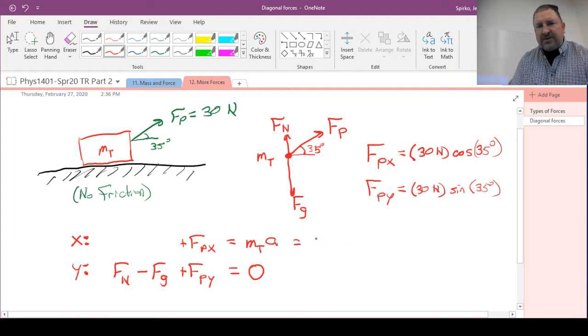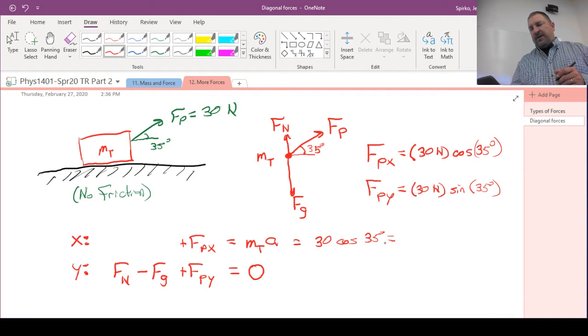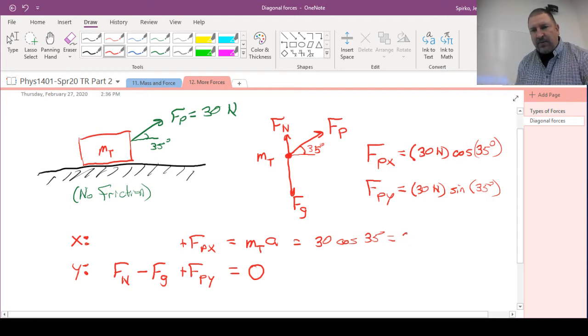So this is 30 cosine 35 degrees, which is a number. 30 times cosine 35 is 24.6. 24.6 is equal to 2.5a.